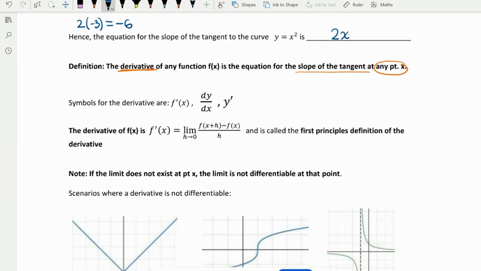Some ways to write or symbolize derivatives. We've got a couple different ways. F with an apostrophe x, we read it f prime of x.